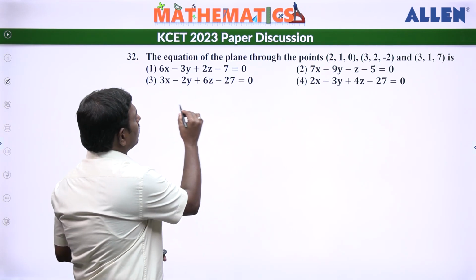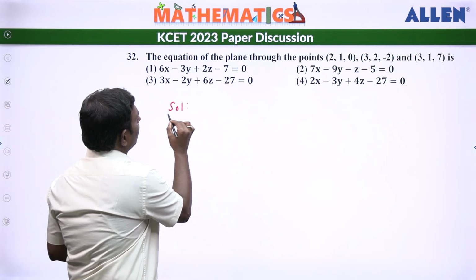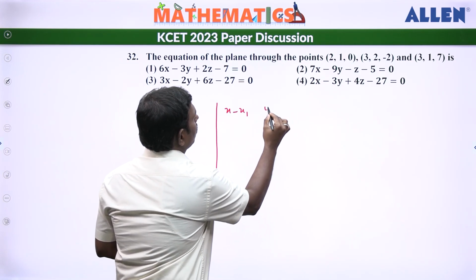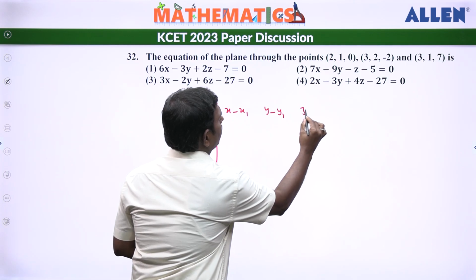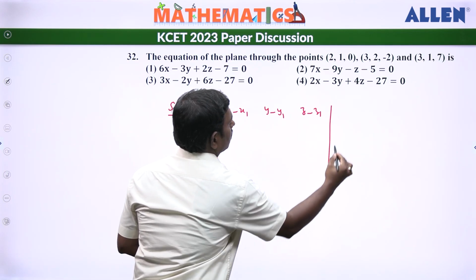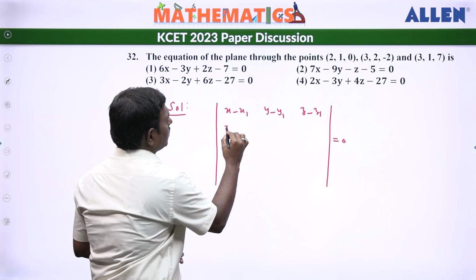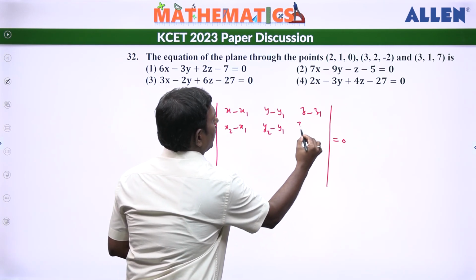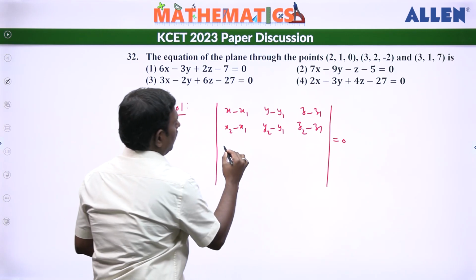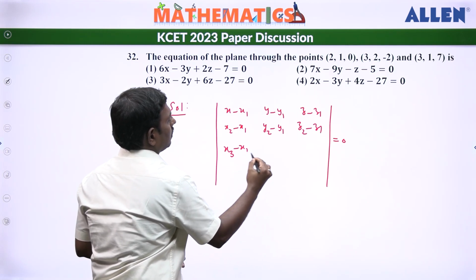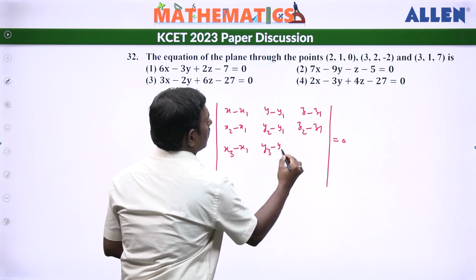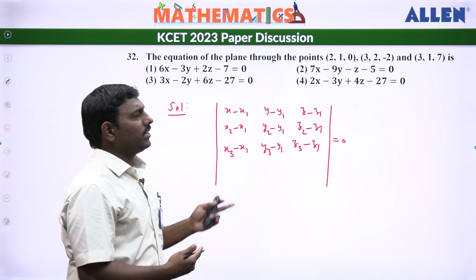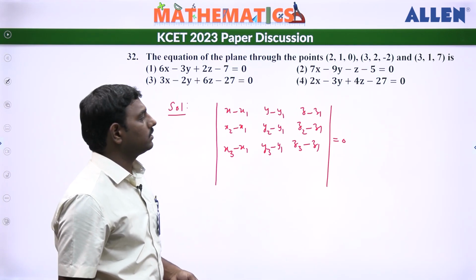We know the direct formula: determinant of x minus x1, y minus y1, z minus z1; x2 minus x1, y2 minus y1, z2 minus z1; and x3 minus x1, y3 minus y1, z3 minus z1. Or you can use the shortcut: mark the plane which satisfies all the 3 points as the answer.